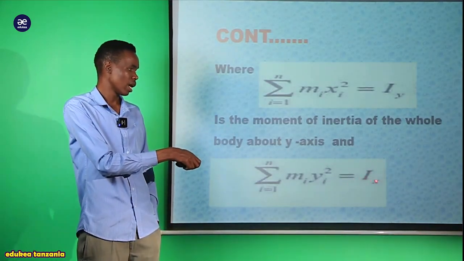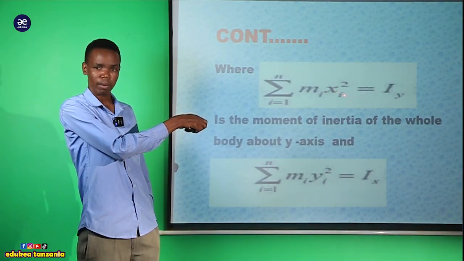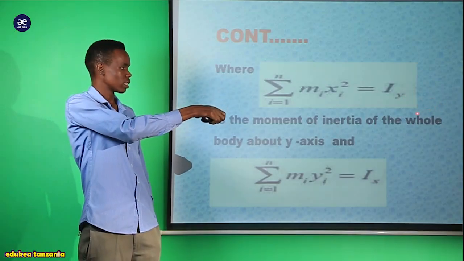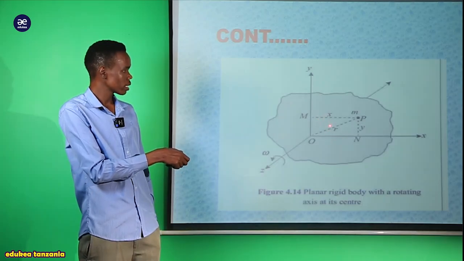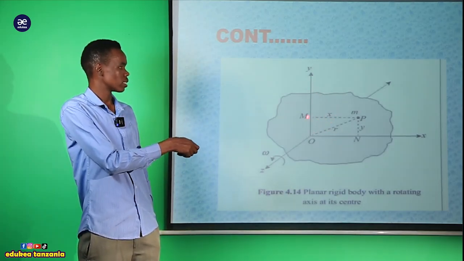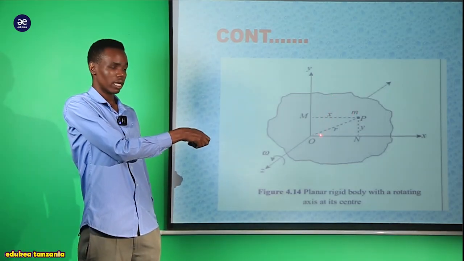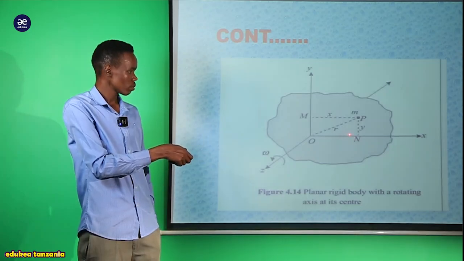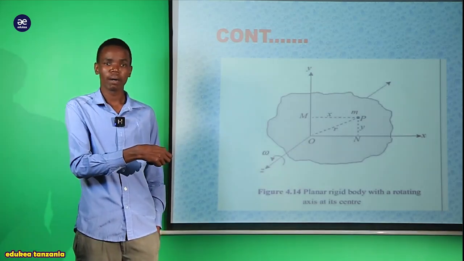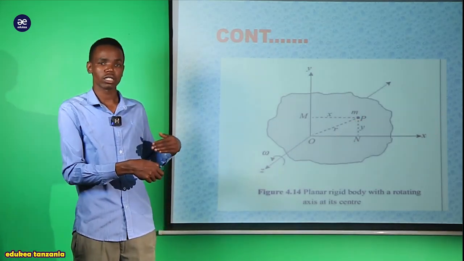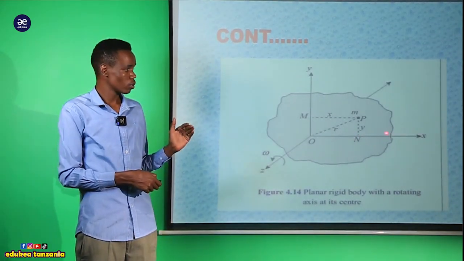Kwa hiyo hapa itakuwa ni moment of inertia about the x axis, kwa sababu hii ya kwanza inapokuwa na product ya x hapa itakuwa ipo ina focus kwenye y axis, kama tunavyojaribu kufocus kwenye hii figure yetu ambayo tumeonyeshwa hapa kwamba along the y axis atatupatia moment of inertia ni sawa na summation of the mass m_i times x_i squared, lakini along the x axis here ataweza kutupatia moment of inertia ambaye atakuwa ni sawa na summation of the mass m_i times the distance along the y axis.